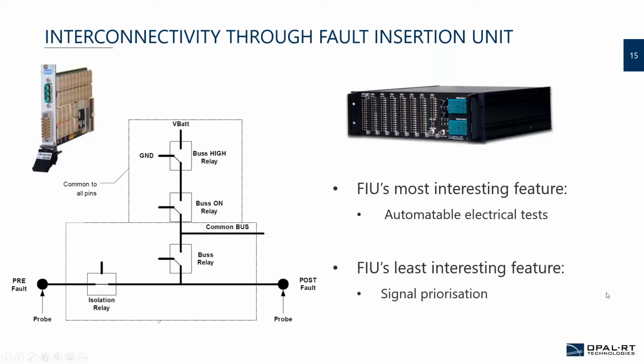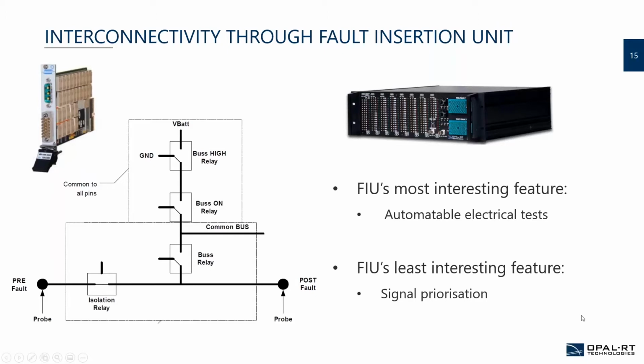On a side note, though, it is usually one of the most expensive items per line. So what you'll want to do at this stage is select which signals have the most value to go through it. For example, on the left, we have a Pickering FIU card for high current signals. If we want to do some tests on the power lines of the controller, it might be super critical components, so it makes sense to have it in the bench.